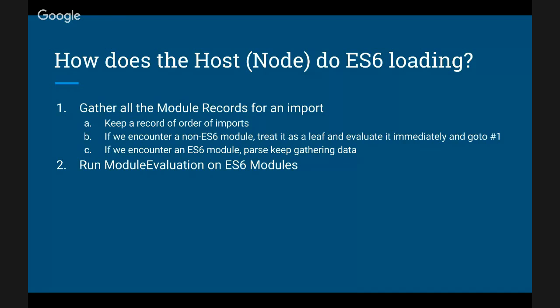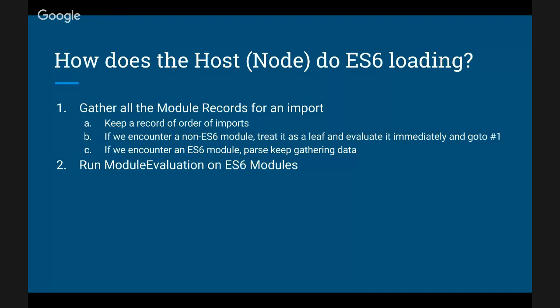We don't evaluate it, we gather the data. And then when we're done gathering all the data for the current import, that is when we run module evaluation. And since we've already evaluated all the CommonJS modules, we're going to evaluate the ES6 modules then.